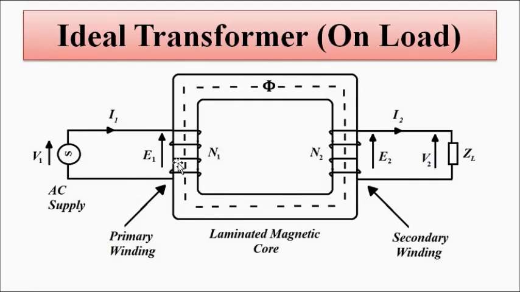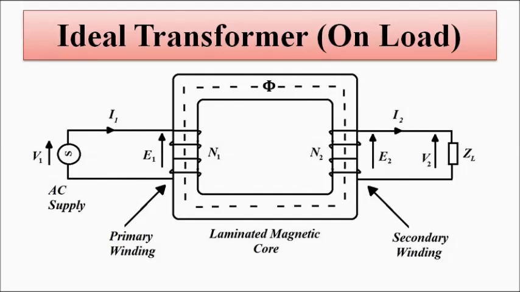By the same principle, because of the mutual flux, a secondary induced EMF E2 is also generated, and if we connect a load, we can obtain this output voltage V2. This is the basic operating principle of a transformer.